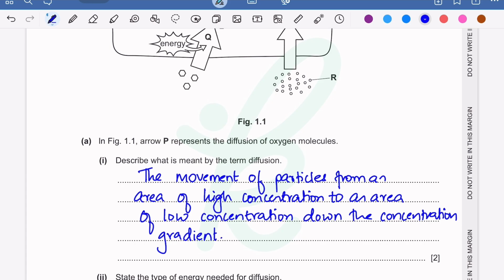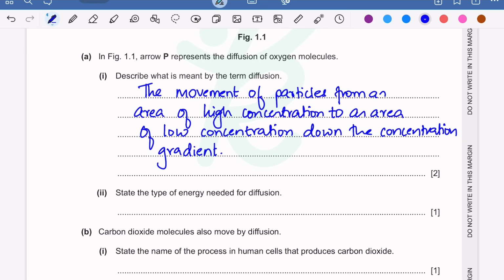So this is what we meant by diffusion. Let us move on to the next question.